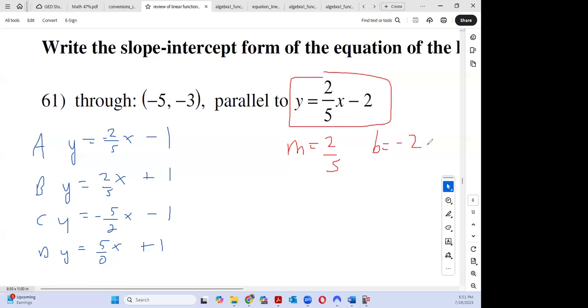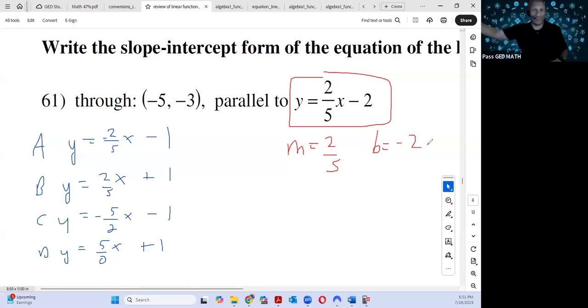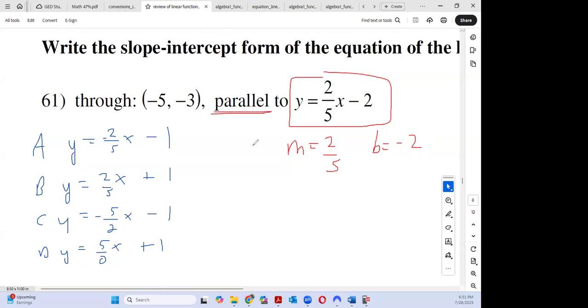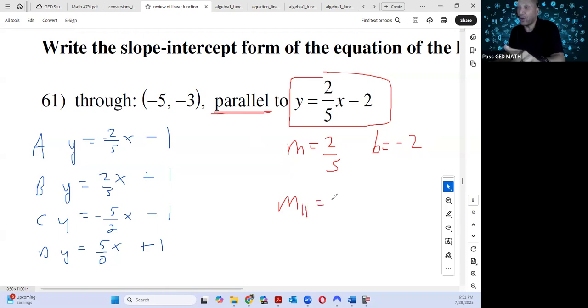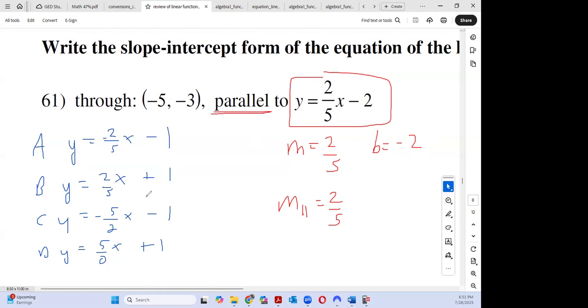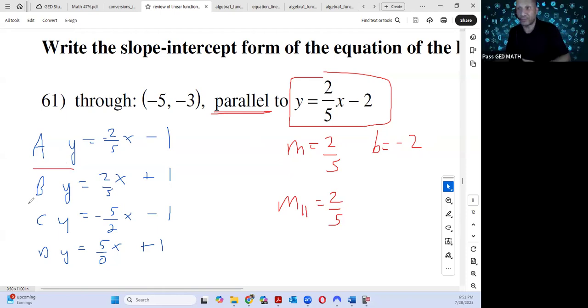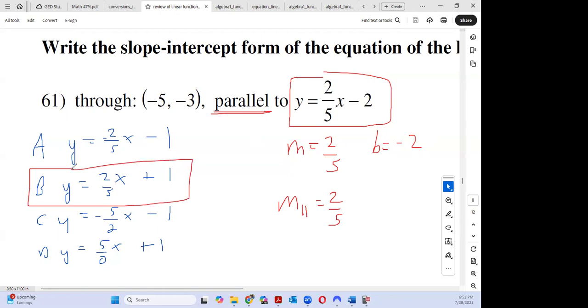Negative 2. You should be able to do that right away. What do we know about parallel lines? They have the same slope. So any line that's parallel is also going to have a slope of 2/5. What is the only equation in this multiple choice that has a slope of 2/5? B.